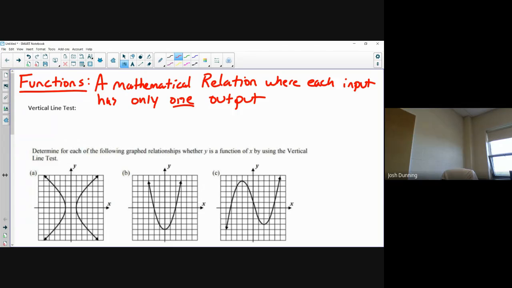So the vertical line test, remember, it just tests to see if something is a function.